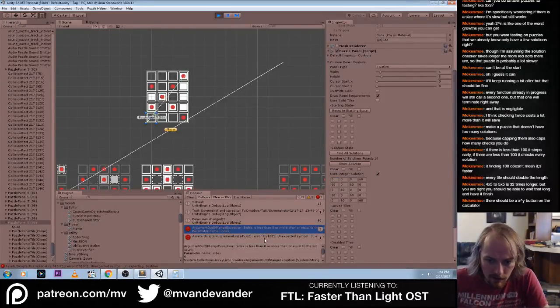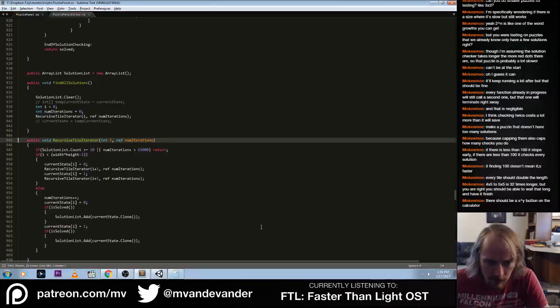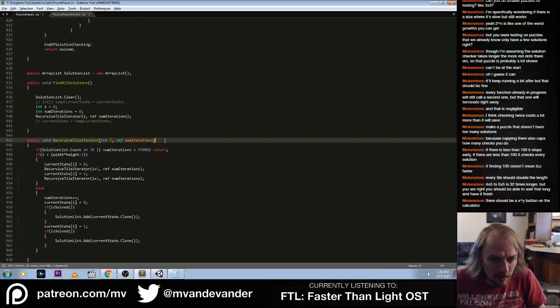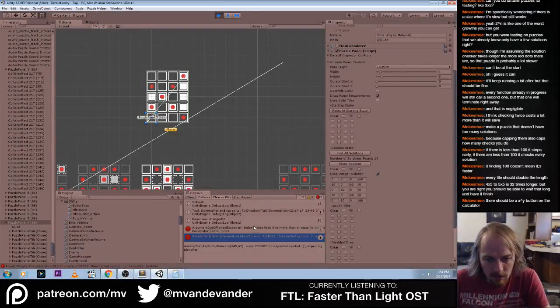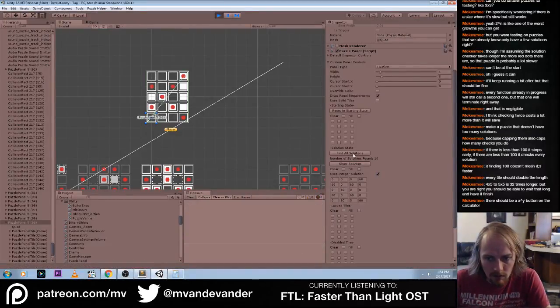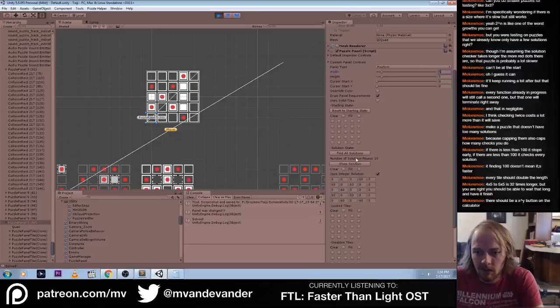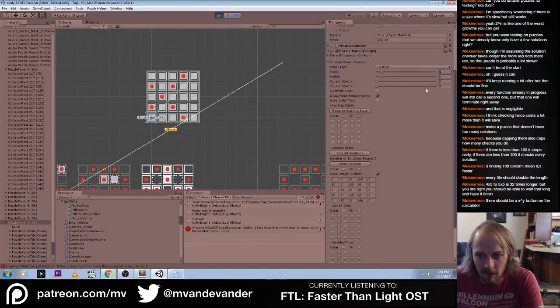If x is less than 0 or more than or equal to the list count. Oh, this should be a ref int. So that means in this case, it won't find a solution and it'll just early out.